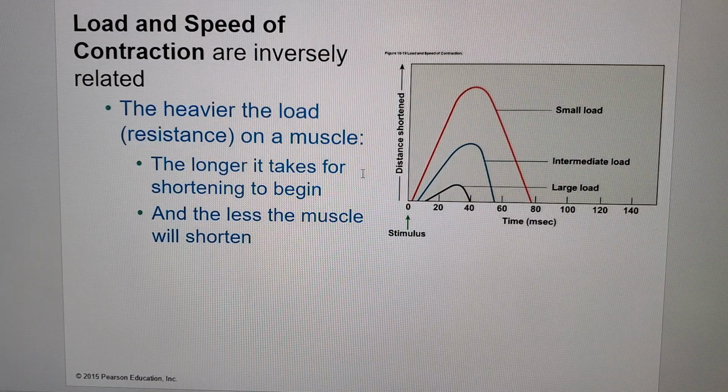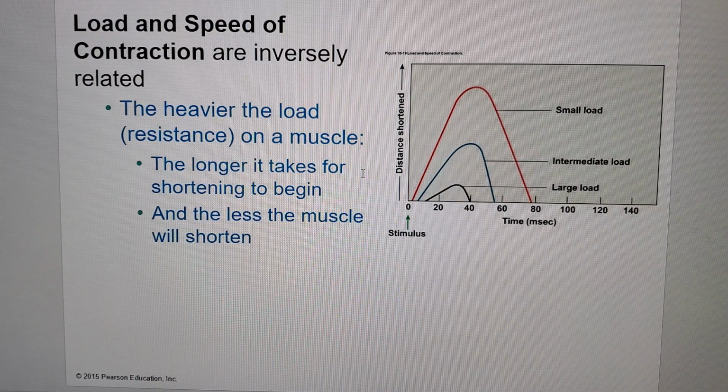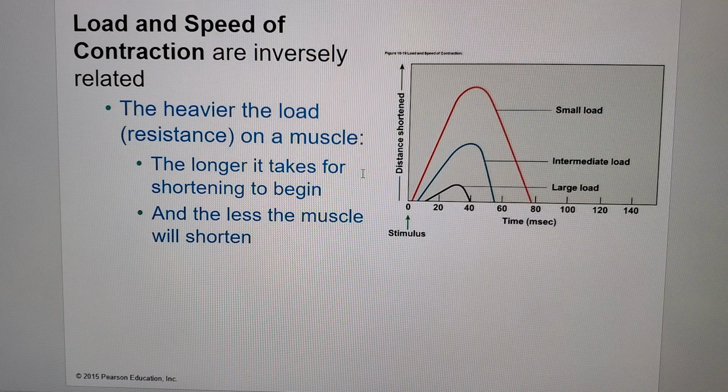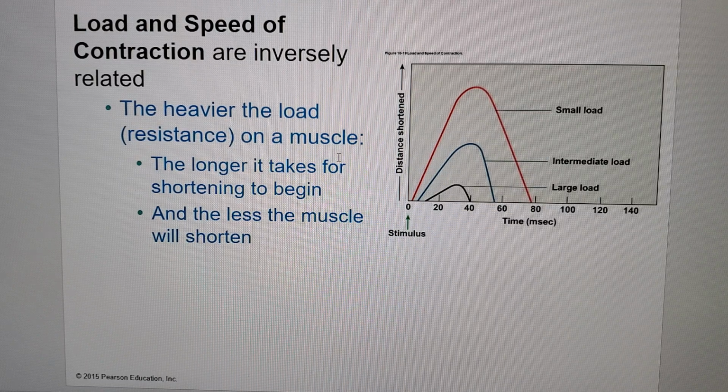So you could practice this if you go around your house and find things that are heavy that you can lift up, and things that are not so heavy, some things that are light, and see how long it takes for you to lift that item and how much the shortening is. Can you tell a difference with the muscle shortening or not? Can you tell a difference with it taking longer because it's heavier?